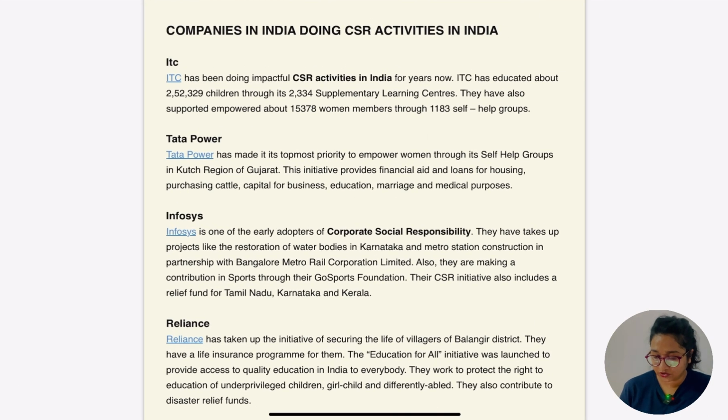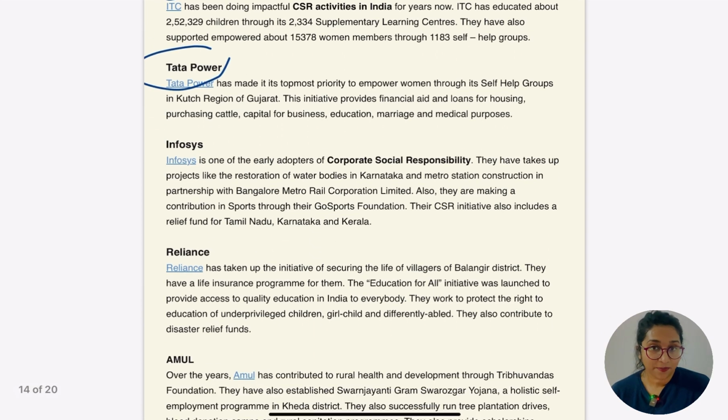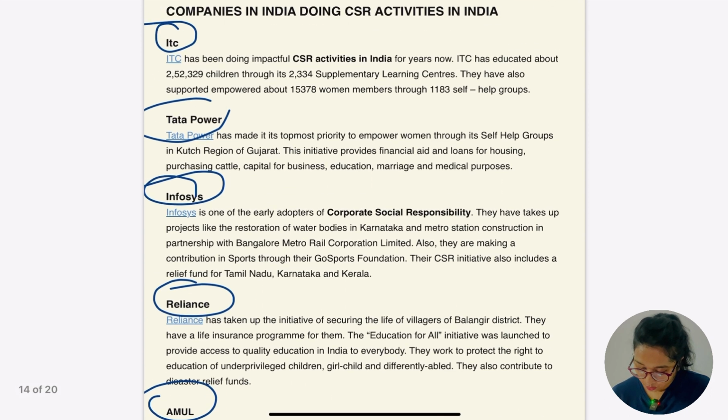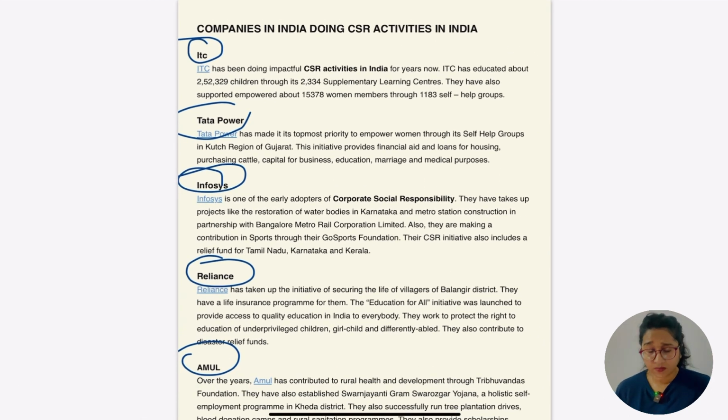I'm just going to take the names, okay, not going into depth now. So these are ITC, Tata Power, as we know, Infosys, Reliance, Amul. Definitely they are among the top contributors toward the GDP of the country, okay, but with that they are also focusing on employees.